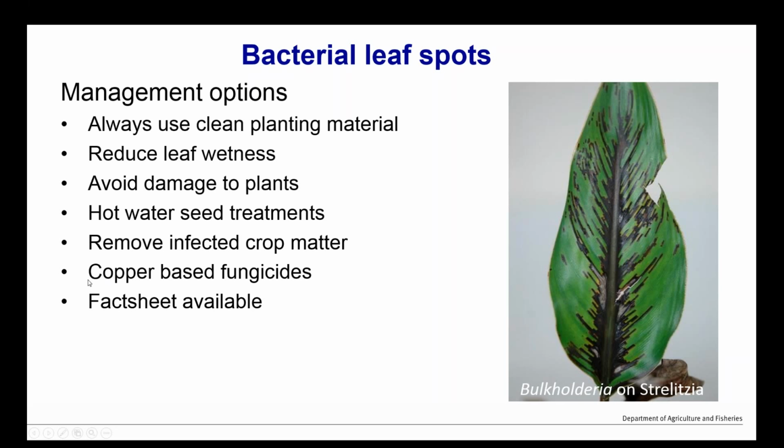Copper-based fungicides are basically the only pesticide product that is registered to protect plants against bacterial infection. And then we have a fact sheet available on bacterial pathogens in the nursery production industry.